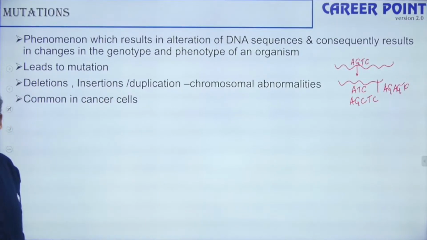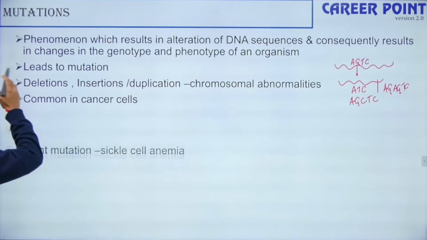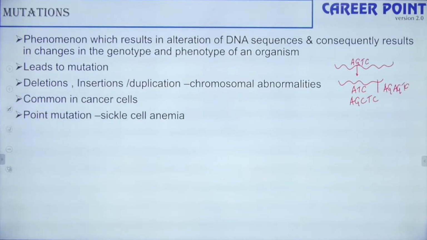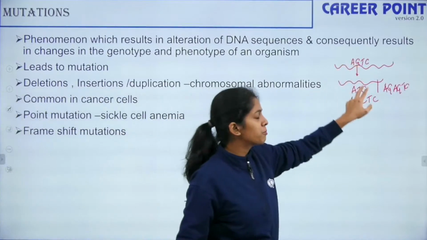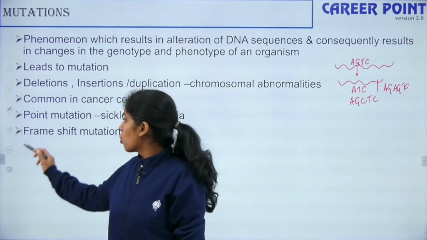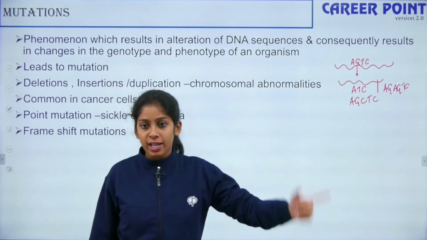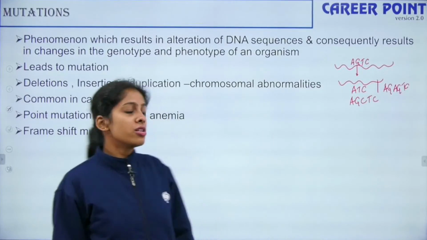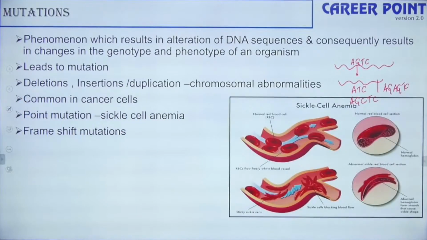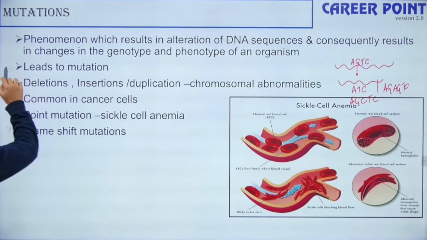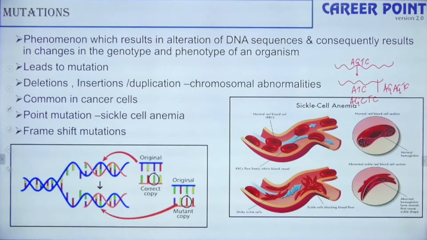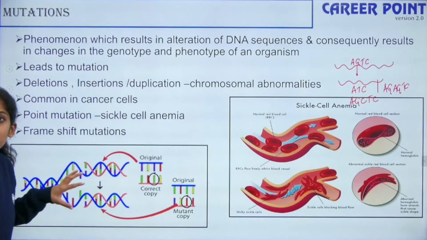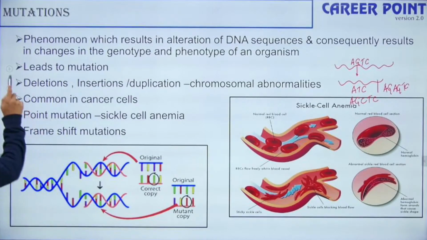Mutations are pretty common in cancer cells because uncontrolled growth leads to mutations. One type is point mutation, when there is a change in a small base pair. What is frameshift mutation? We will see it in molecular genetics, not now. These are the different types of mutations. For point mutation, you will remember sickle cell anemia. When there's a change in a single point in your DNA, that is point mutation.